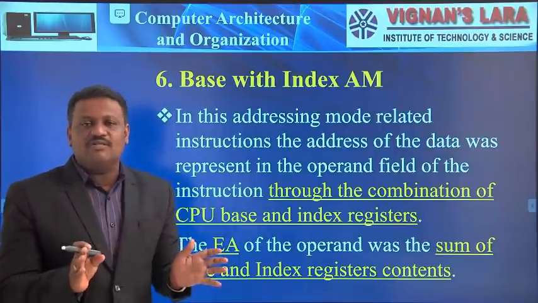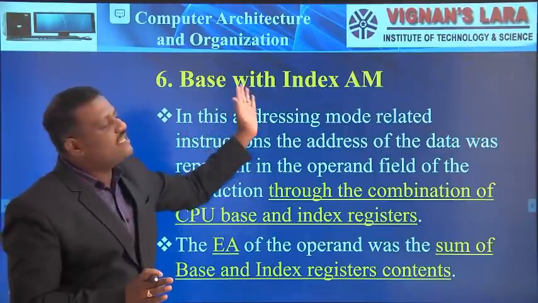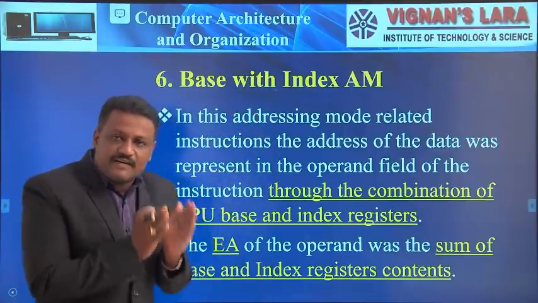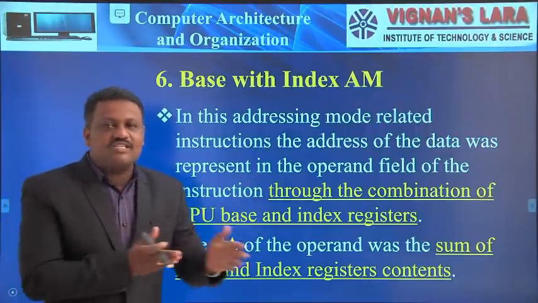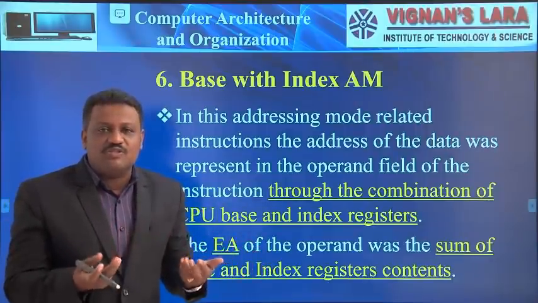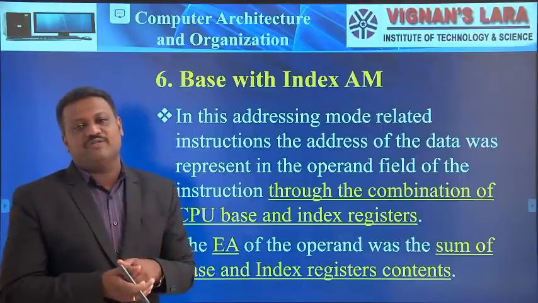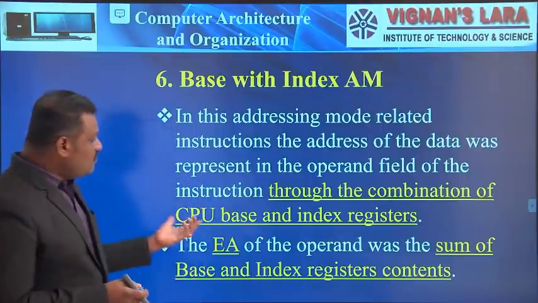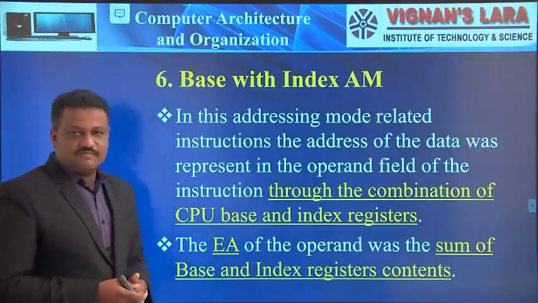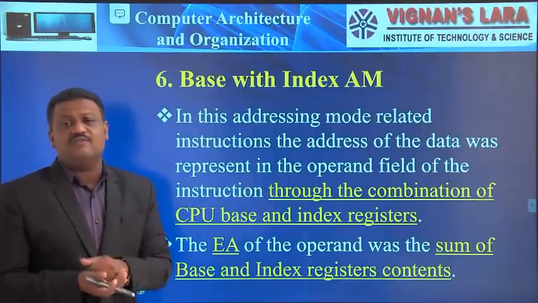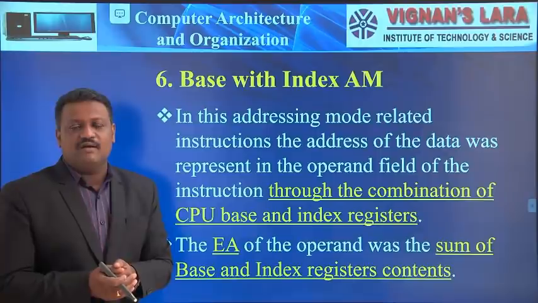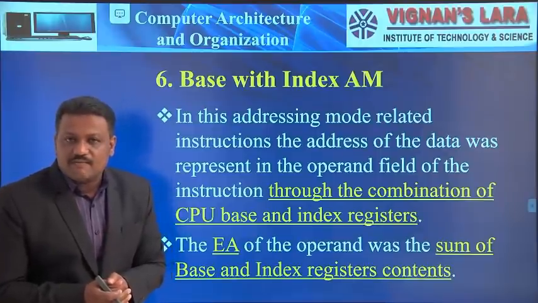So, as I clearly told you, in the based indexed addressing mode, the address of the data is represented in the instruction operand field through the combination of base and index registers. Fine. Then how do you calculate the effective address for this? Simply by adding the base register content with the index register content, you get the effective address of your data.